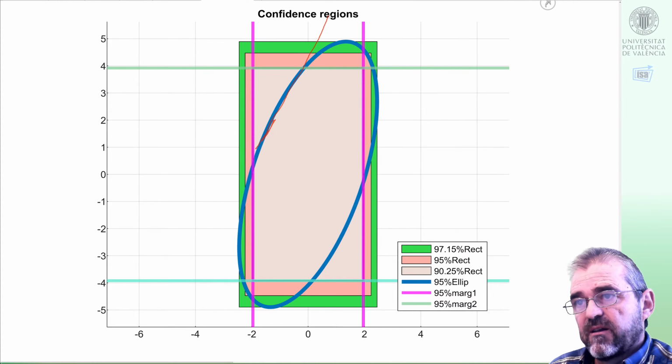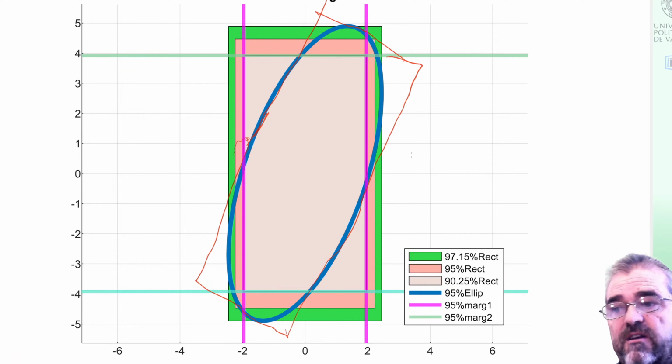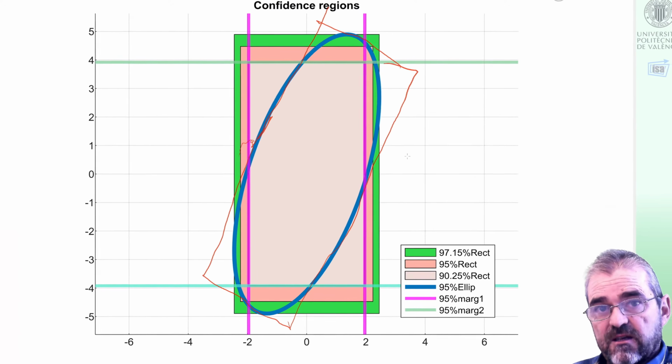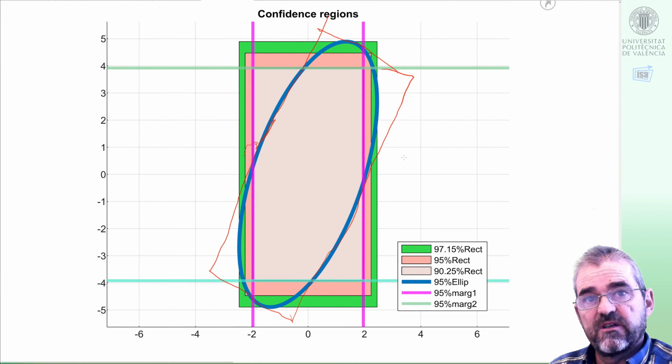So the green rectangle would end up having a shape like this, with different dimensions. If you worked with this kind of rotated rectangles, we could repeat the computations of their probability and be correct.